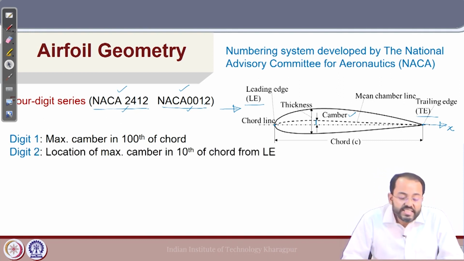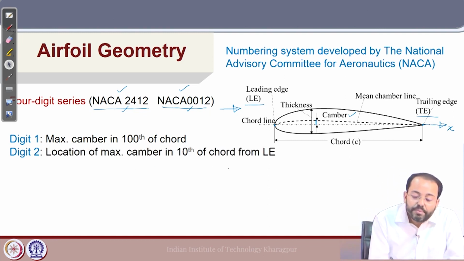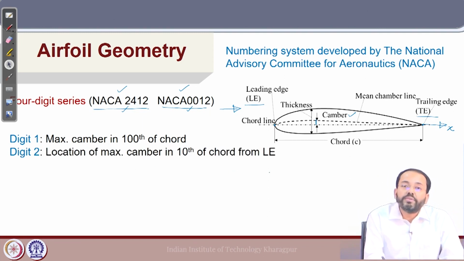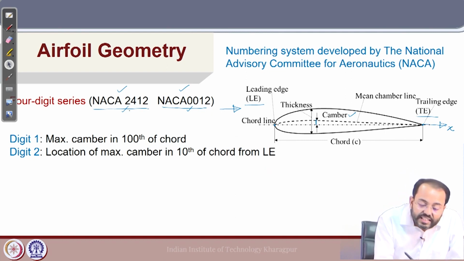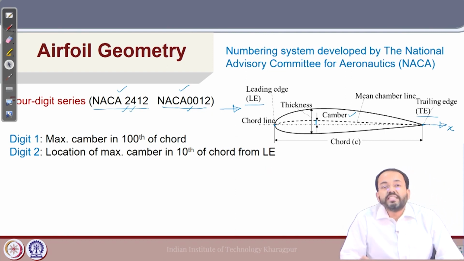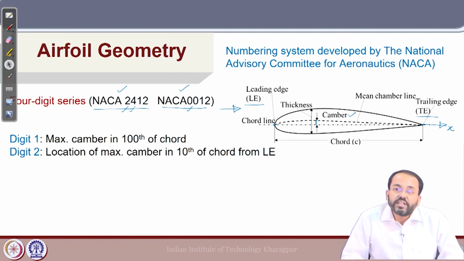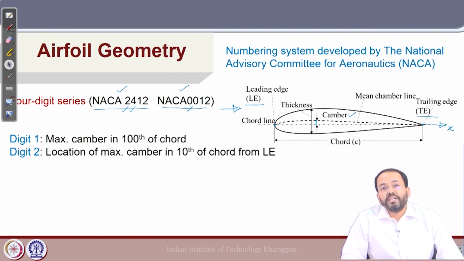The second digit is the location of maximum camber in 10th of chord from the leading edge. Here it is 4, that means the location of the maximum camber is 40% of the chord length from the leading edge.